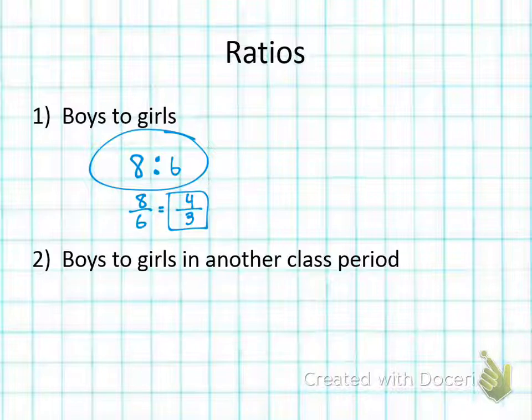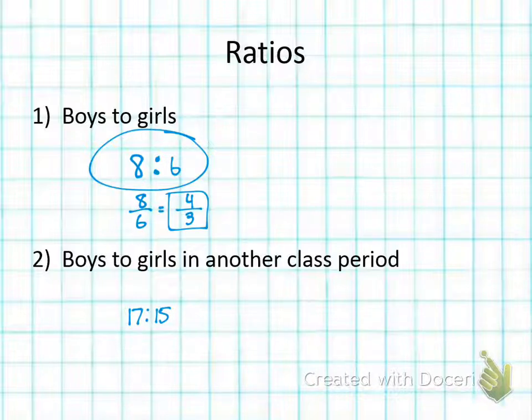Number 2, boys to girls in another class period. Let's just say in my other class, second period, there are 17 boys to every 15 girls. Okay? That's second period. I don't know if that's true, but what if it is true? Do we have more boys here or in the other class?